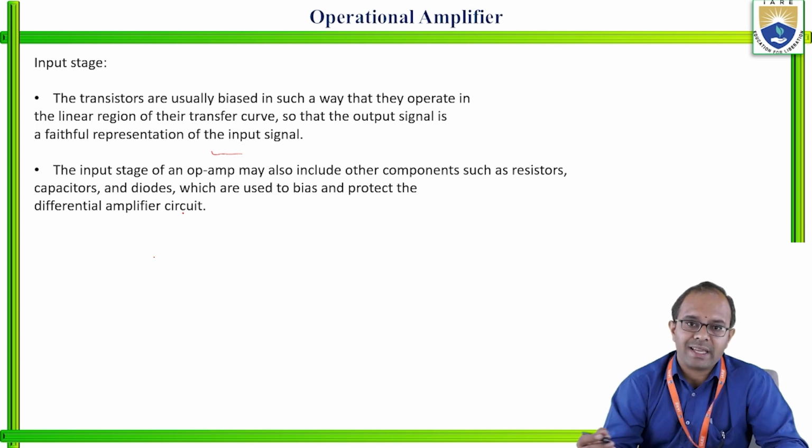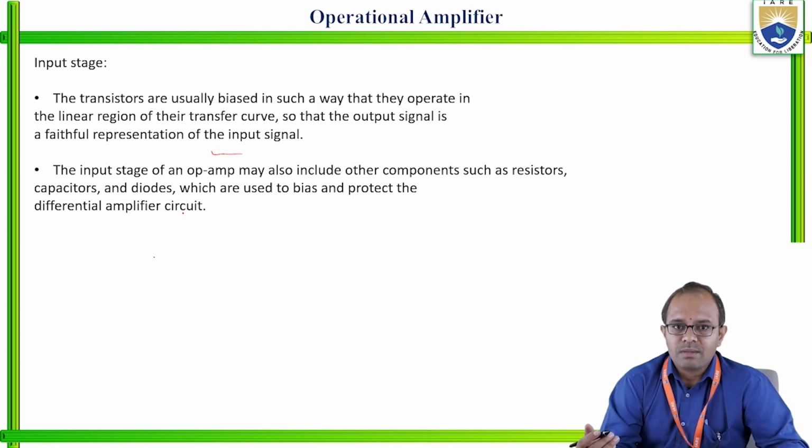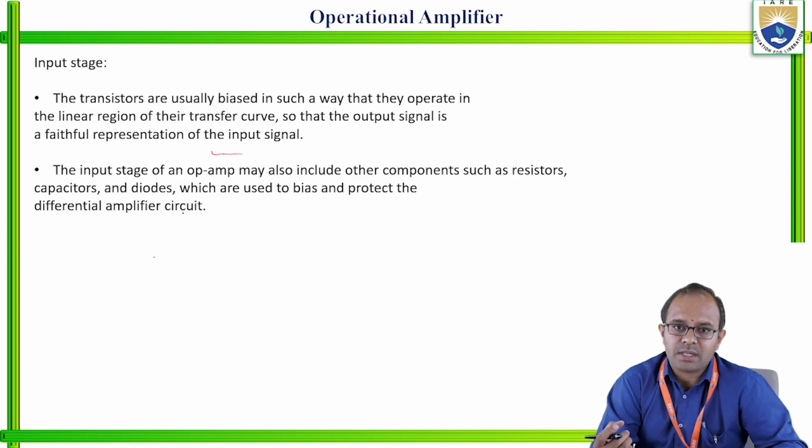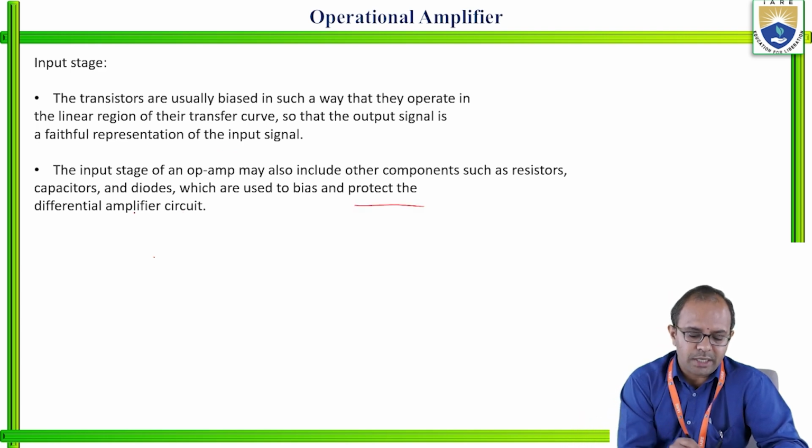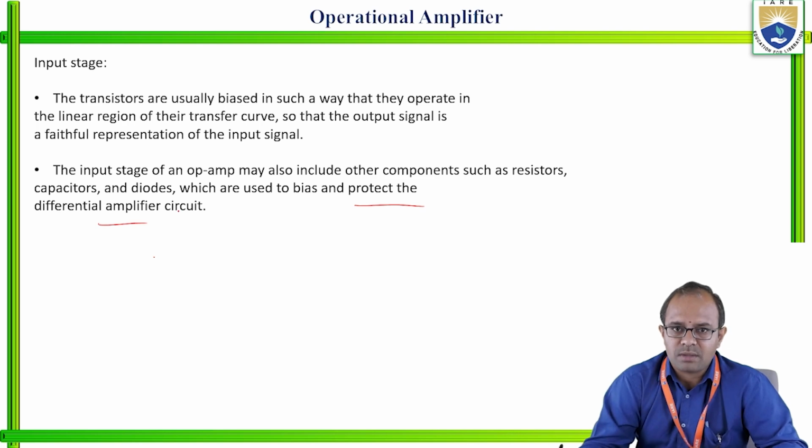The input stage may have some excessive currents that may damage the entire circuit configuration. So you can use the diodes as current limiting components, because these diodes may absorb the excess amount of current that is available in the first stage, or the excess currents drawn by the input stage, so that you can protect the differential amplifier circuit from damage by excess currents.